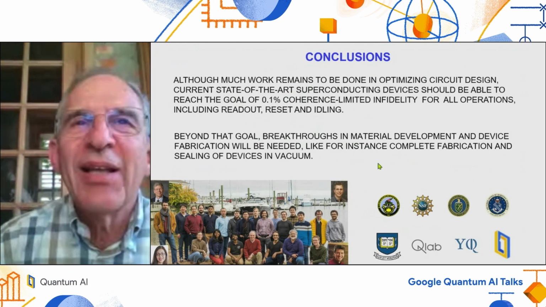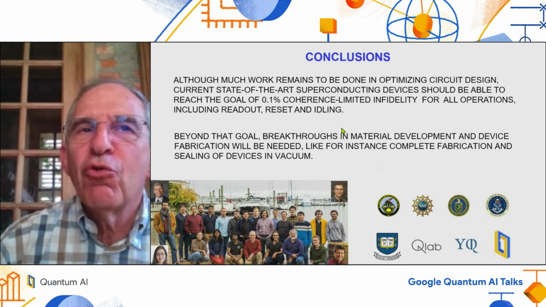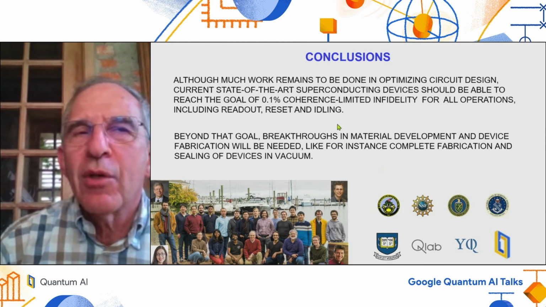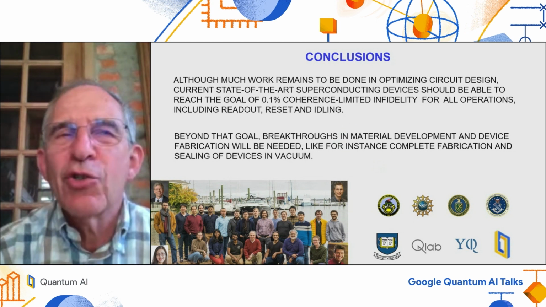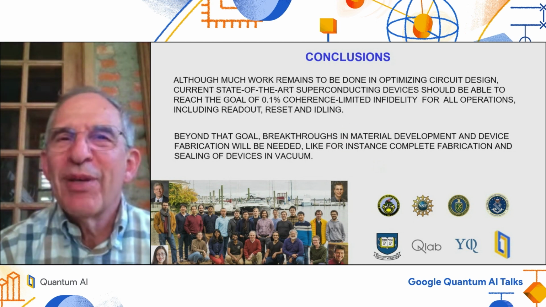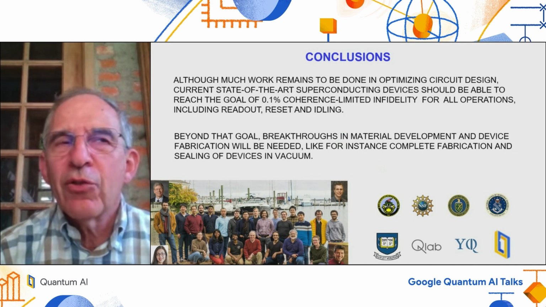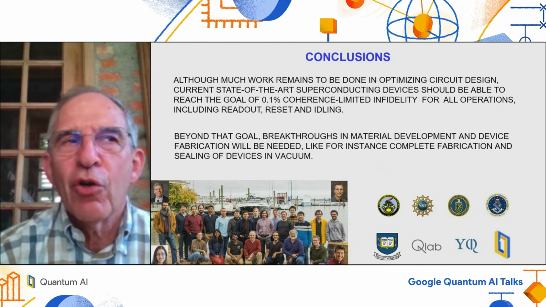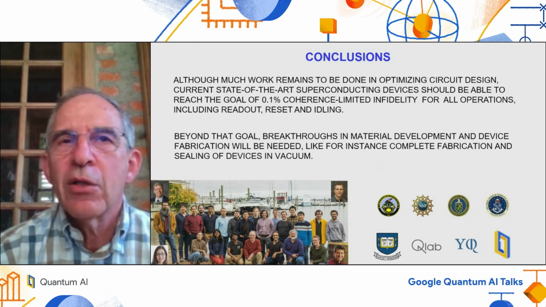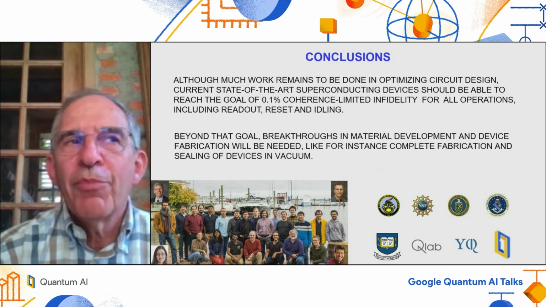Well, I have reached the allotted time of this review, and I will end by giving you two thoughts. This, of course, like all predictions, could be revised soon. But what I believe is that the present state-of-the-art technology of tunnel junction and superconducting circuits can still be optimized.